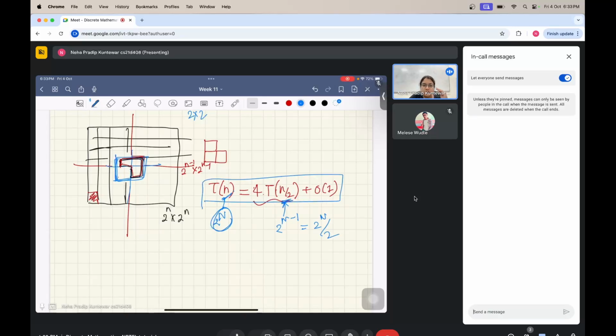So yeah, is this fine? I jumped 2 steps here, but is the idea of defining the subproblems and the recurrence relation clear? Okay, so good.